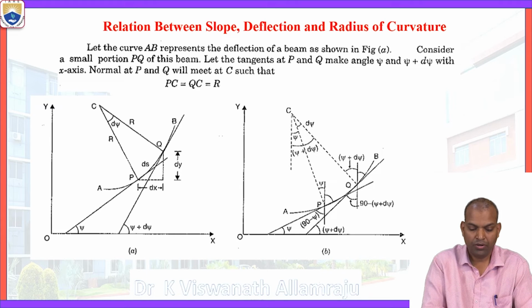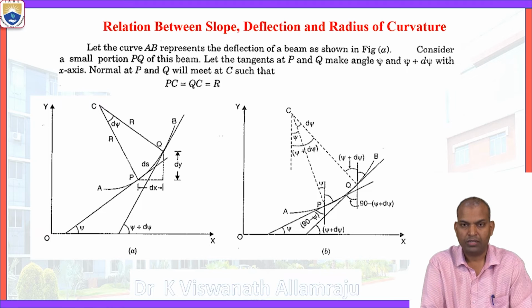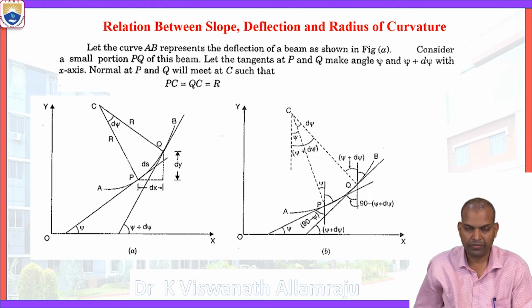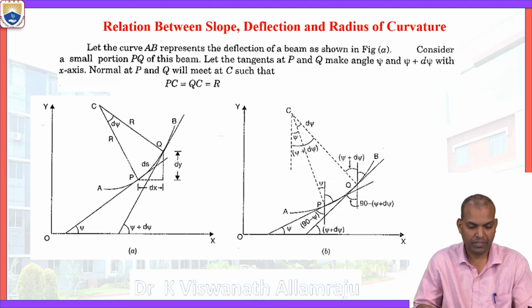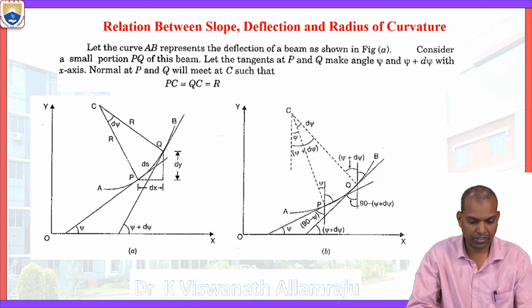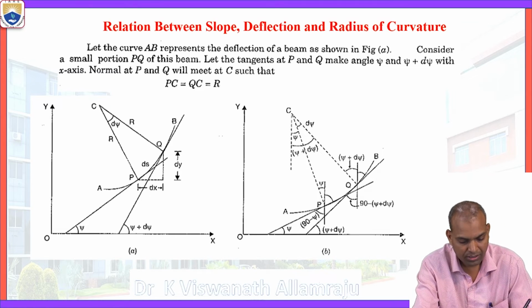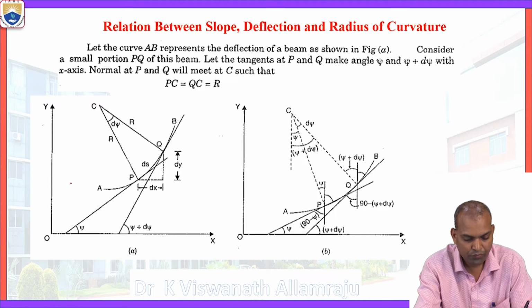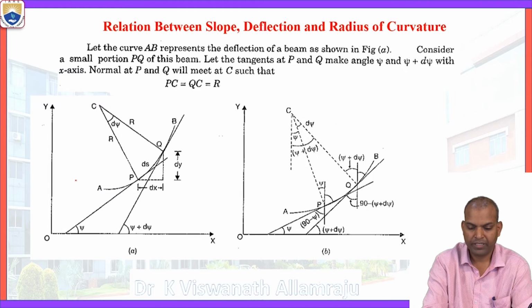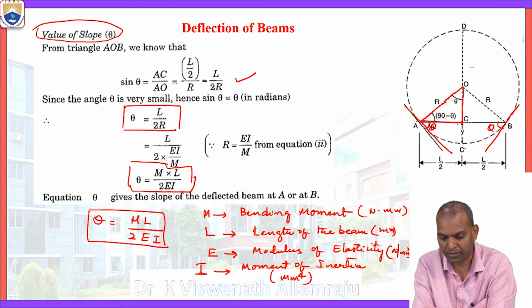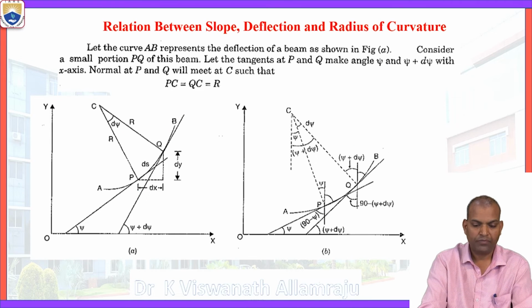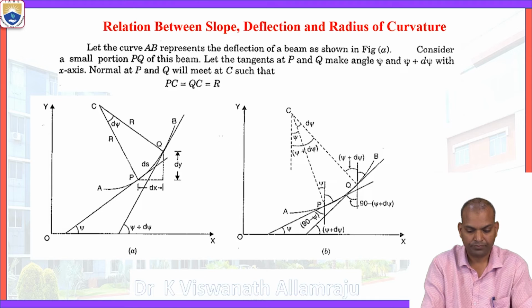Next, we have to find the relation between slope, deflection and radius of curvature. Here there are two figures, figure A and figure B. Now we consider the deflection curve AB, the deflection curve of a beam.